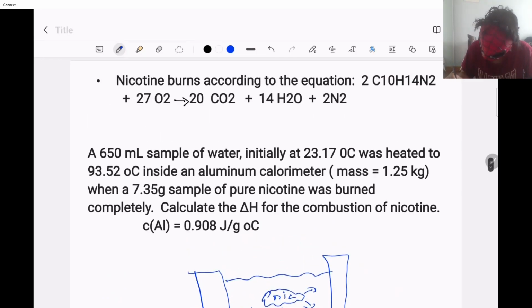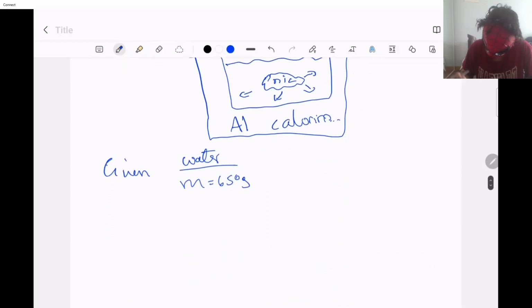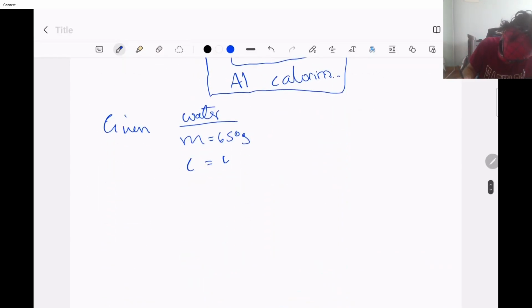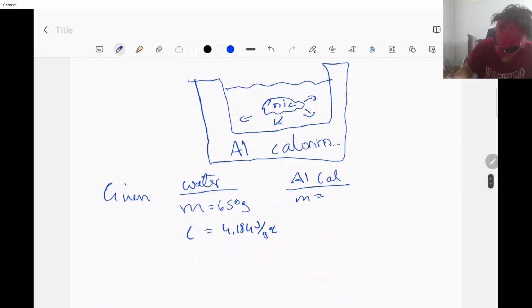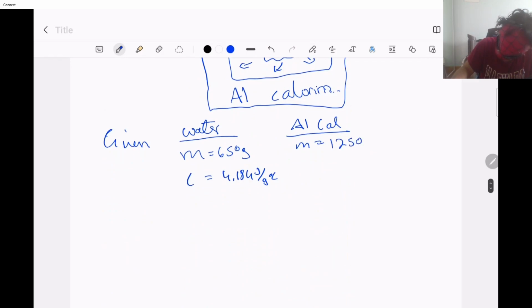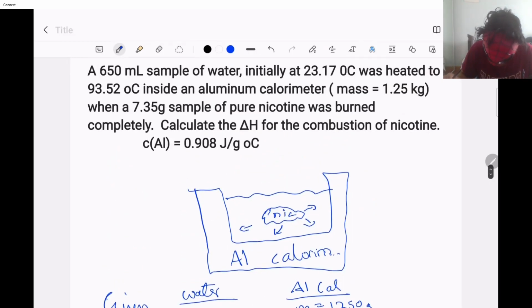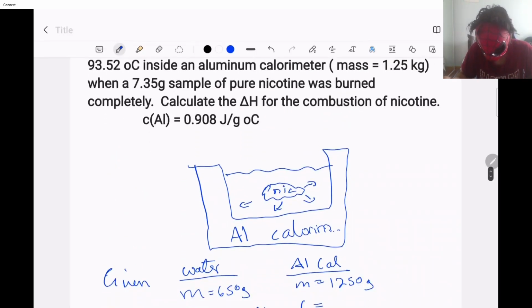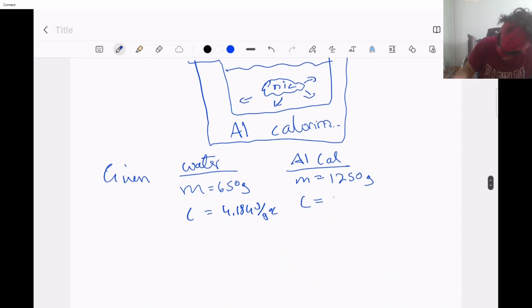Then we know it's initially at 23.17. The specific heat capacity of water is 4.184 joules over grams times degrees Celsius. For the aluminum calorimeter, the mass is given as 1.25 kg, which is 1,250 grams. The specific heat capacity of the aluminum calorimeter is 0.908 joules over kilograms degrees Celsius.